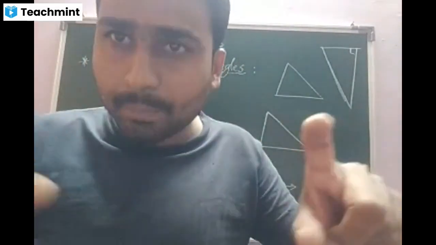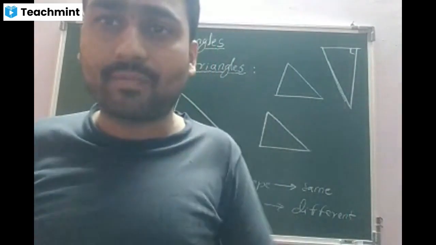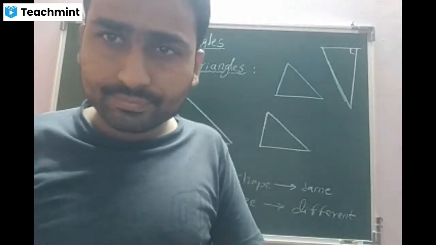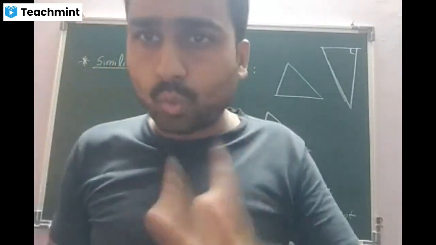So all of you make a para. First I'll give you the general definition, then I'll go to the mathematical definition. Okay, beta? Yes, sir. Write down.